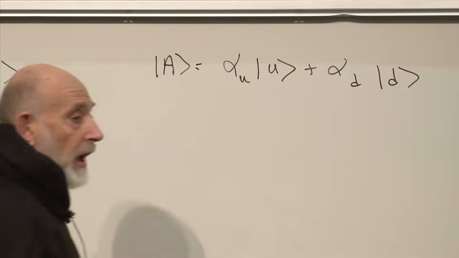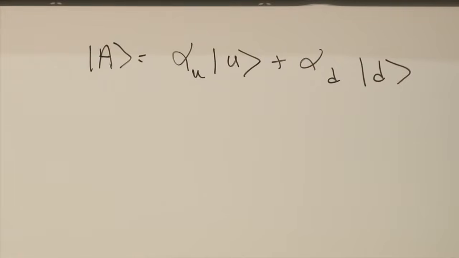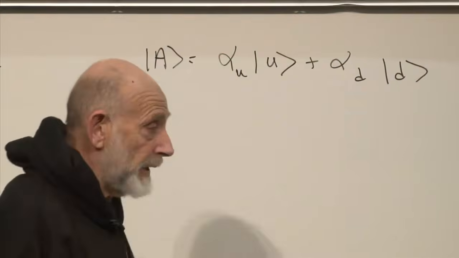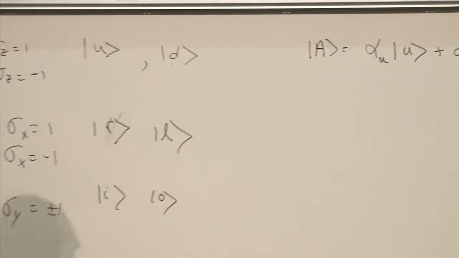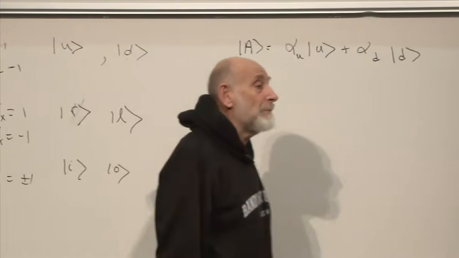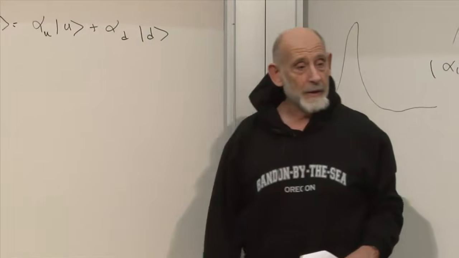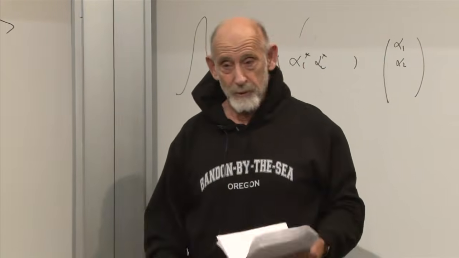The alphas are complex numbers. In complex vector spaces, they could be real numbers, but in general, they will be complex numbers. Let us suppose we knew what that meant, what kind of state this was, where it came from. It's some new beast. It's not up, it's not down, it's somewhere in between.